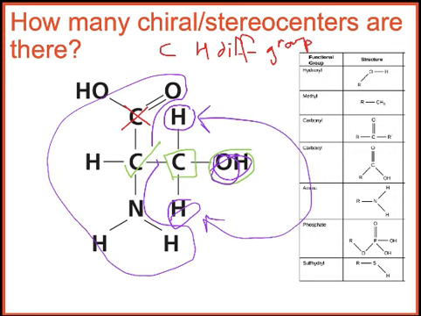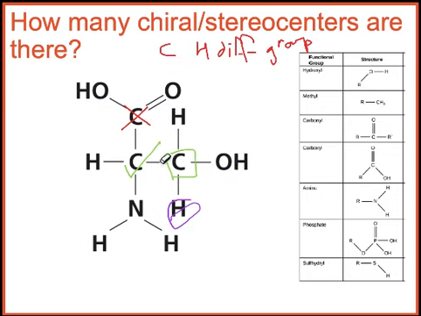That's bad. That means it's not a chiral center, because the hydrogens were repeating. So I'm going to say, nope, this is not a chiral center. Let me get rid of that because that's not a carbon.